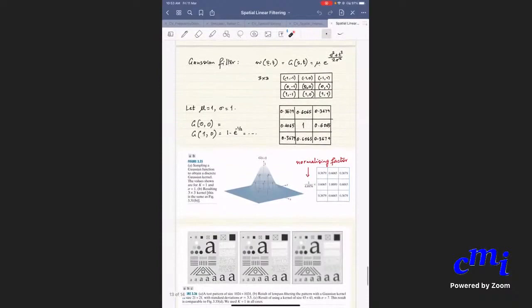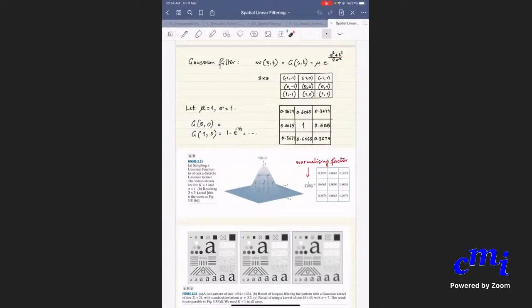Now, when looking at this Gaussian filter, there are one or two things that need to be taken into consideration. One is the action of this Gaussian filter. You know that the Gaussian filter is defined in this way, and if you think of this as a function of two variables, this is a continuous function of two variables. If you plot this, you will have a surface like this.